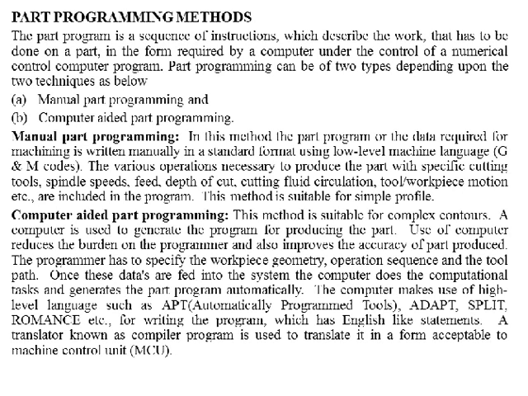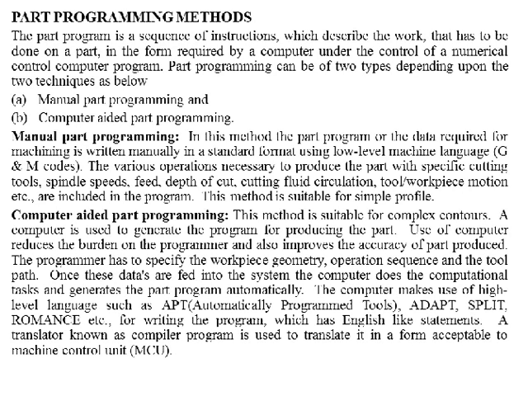What is manual part programming? Manual part programming is a method in which the part program or the data required for machining is written manually. Hence it is called manual part programming.